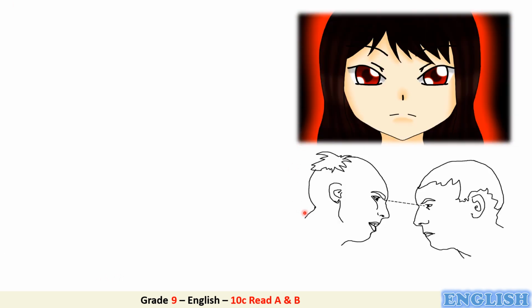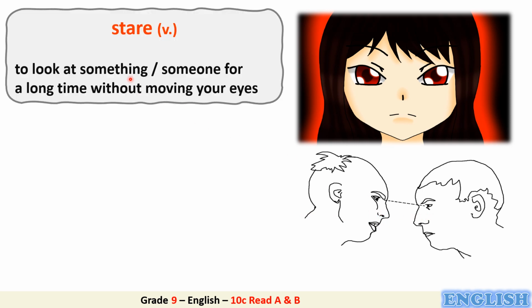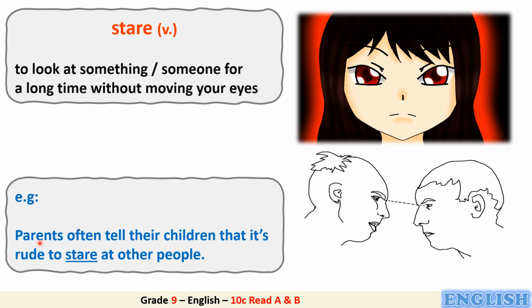Look at these pictures. They stare, and it is a verb which means to look at something or someone for a long time without moving your eyes. For example, parents often tell their children that it's rude to stare at other people.